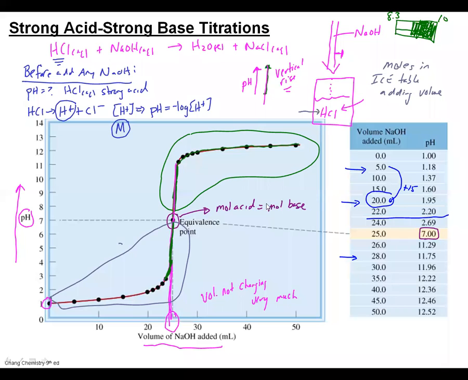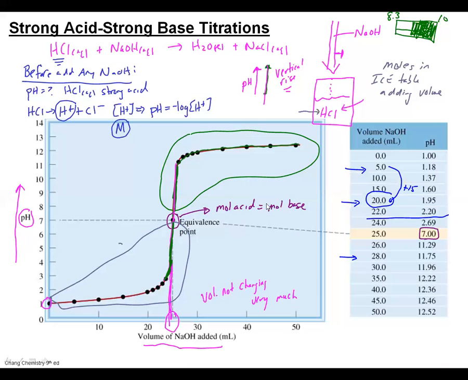If it's a monoprotic acid, you have the H plus concentration, and you can go directly into the pH equation using the original concentration. Here we haven't added any base or any volume, so the molarity will be the same.